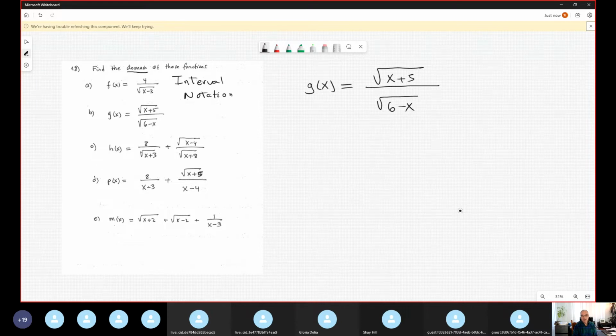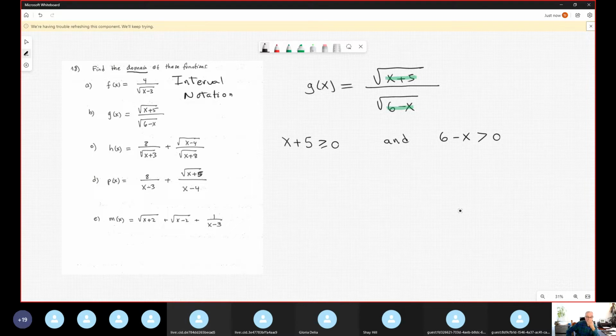How many restrictions can you see? 2. Yes, 2. You take this expression inside and this expression inside, and you copy: x plus 5 non-negative and 6 minus x positive. Do you understand this one very well?